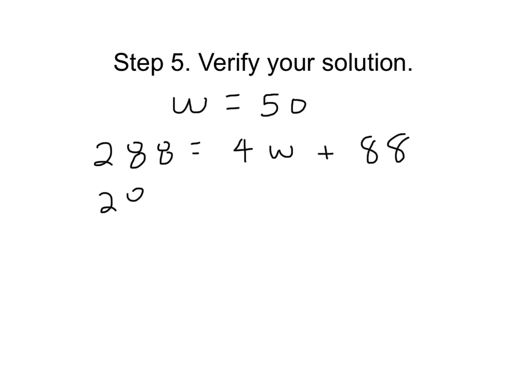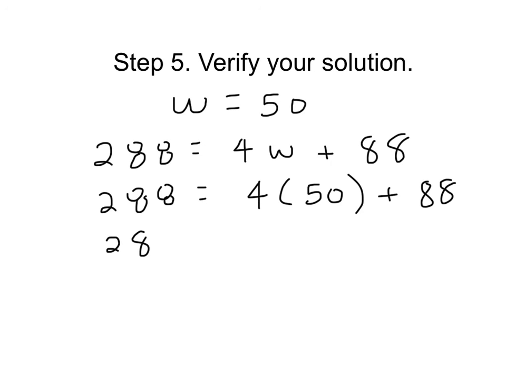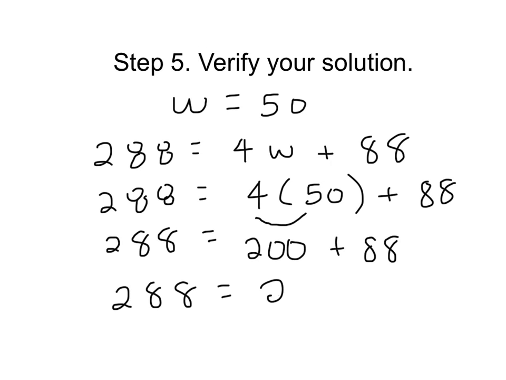So 288 equals 4 times 50 plus 88. 288 is equal to 4 times 50 is 200 plus 88. If you take a look, 288 is equal to 288. We know that the solution of W equals 50 was correct.